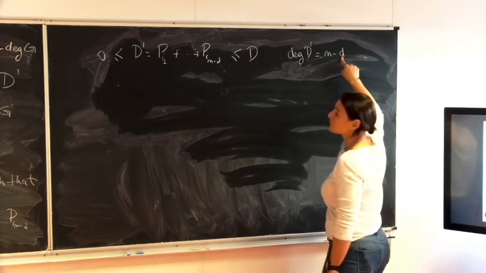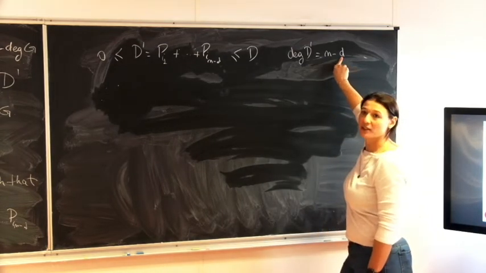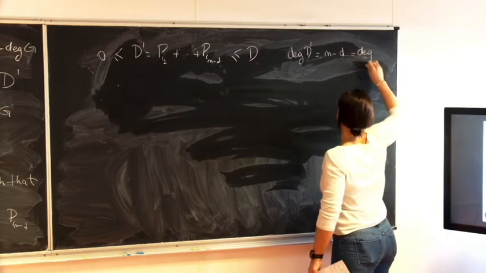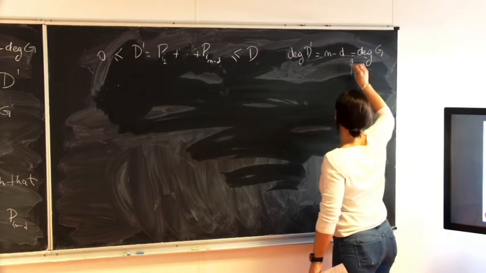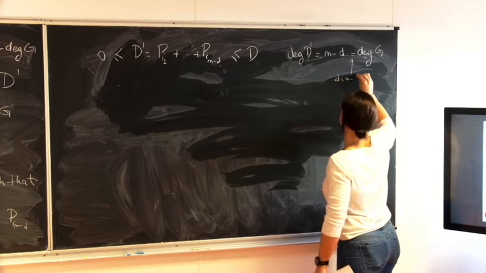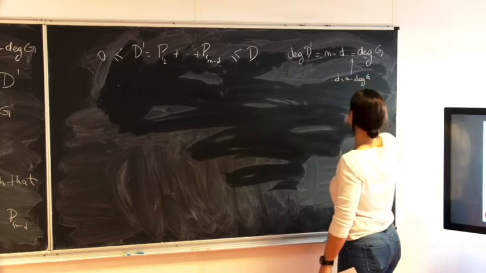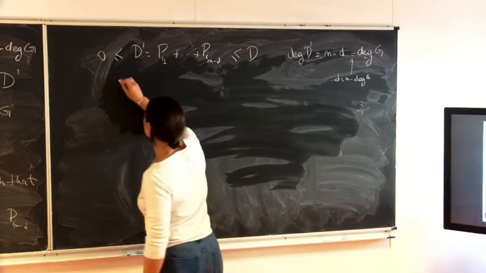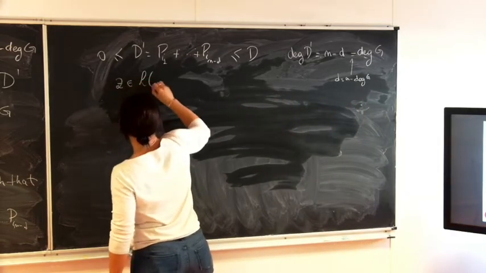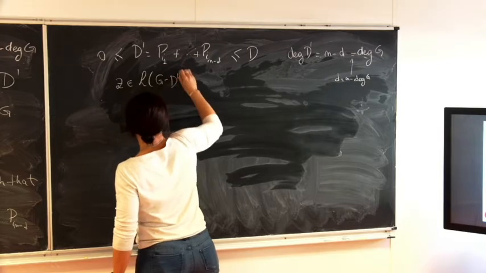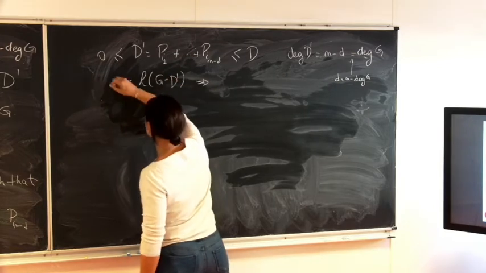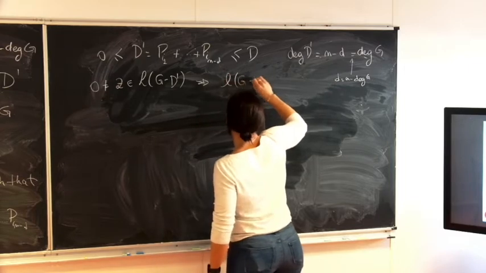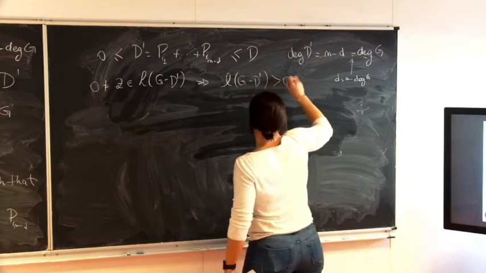But since the minimum distance was exactly n minus the degree of G, this is exactly the degree of G. Here I'm using the hypothesis that d is equal to n minus degree of G. And of course, this element c belongs to L of G minus D prime. And so, since it was a non-zero element, the dimension of L of G minus D prime is positive.